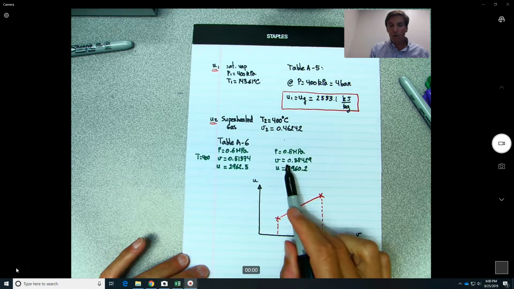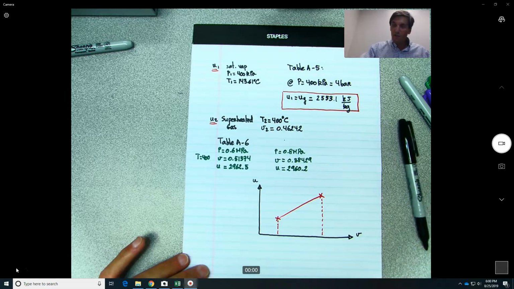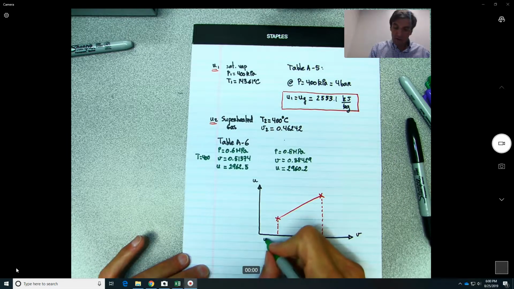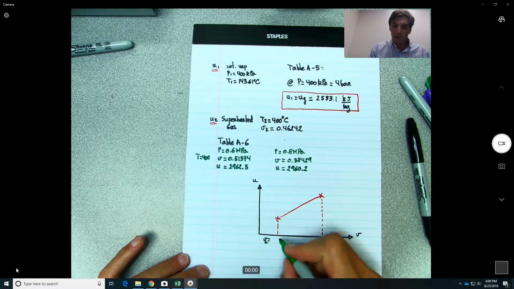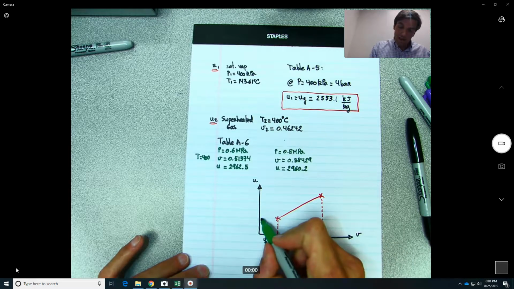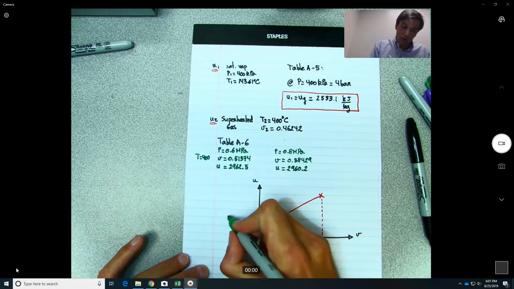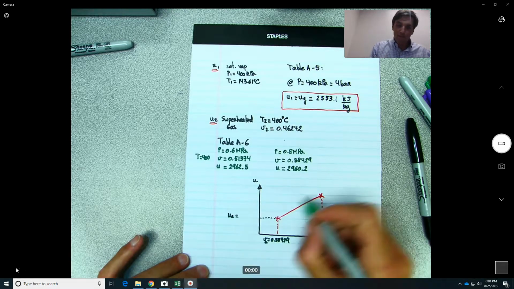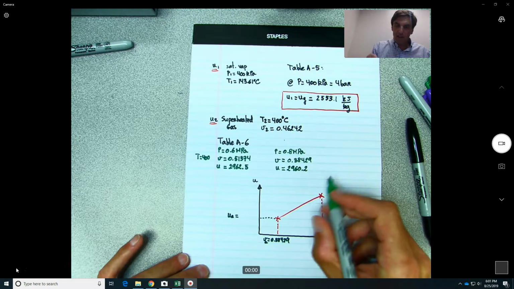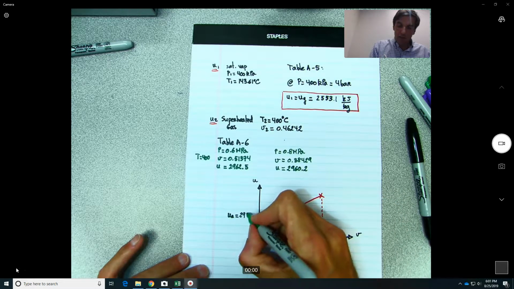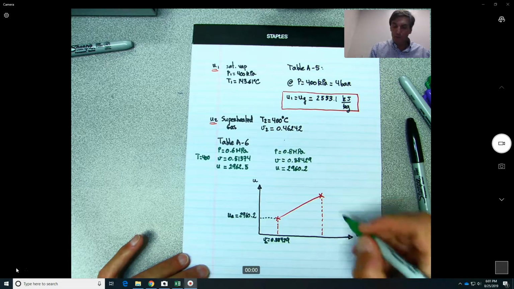So let's say this will be V sub A, 0.38429. And at that value, U sub A is 2960.2.